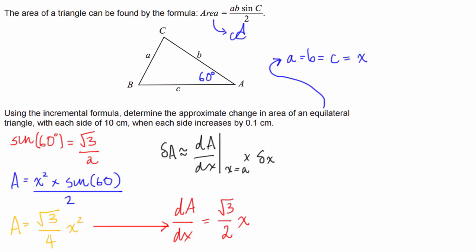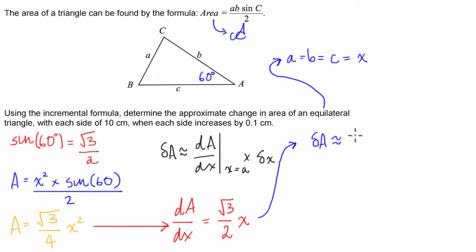Okay, now to put it in the incremental formula. So the change in area is going to be approximately equal to the square root of 3 over 2 times x, when x is evaluated at 10.